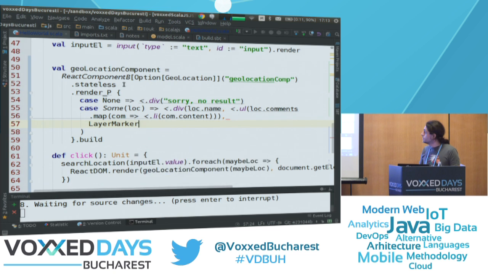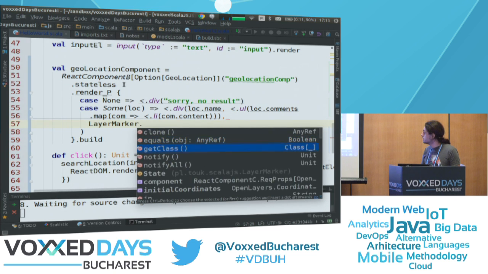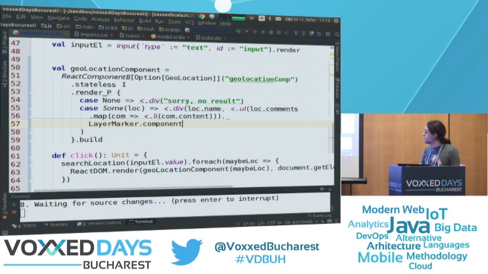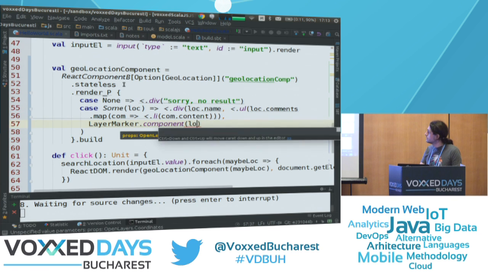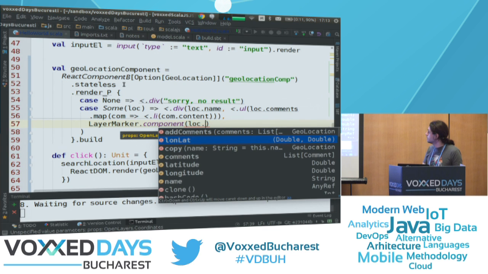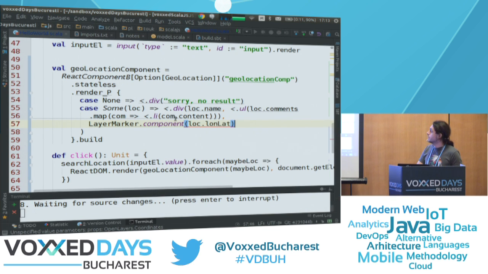So we've defined a component to display a layer, and when we have a location, we have its coordinates, right? Longitude, latitude. So we just say, okay, so here it renders div ul, and then renders this component. And it will hopefully be really easily composable.